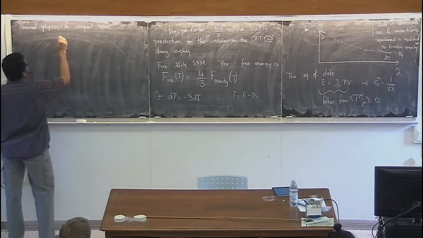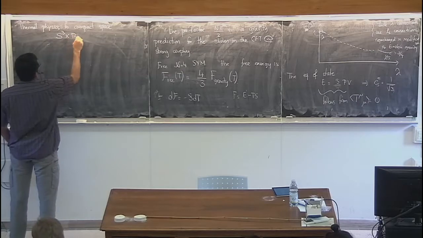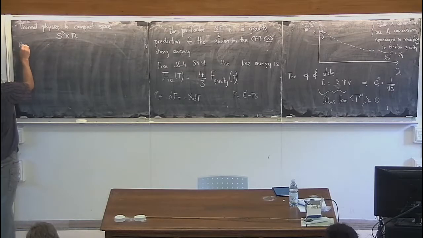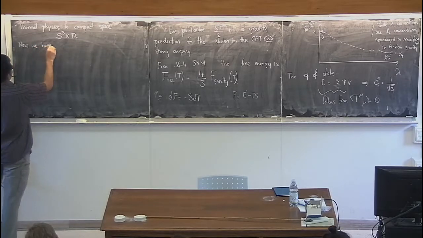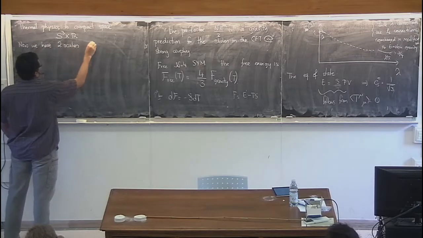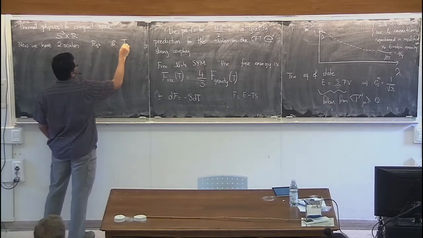Say I want to study thermal physics in S3 cross R. Now I have two scales. There's the radius of the S3 and the temperature.